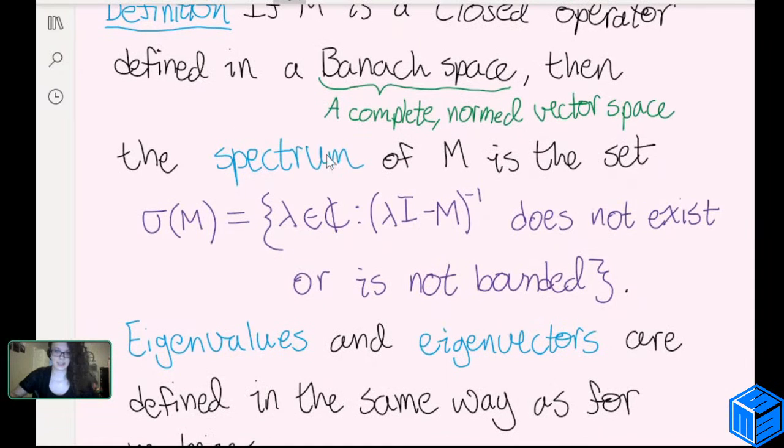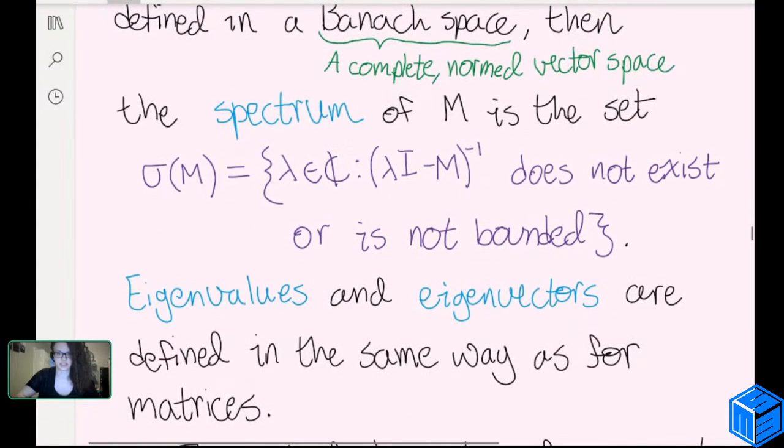So it is a generalization of the notion of eigenvalues. However, we'll note that eigenvalues and eigenvectors are defined in the same way as for matrices. So if Mv equals lambda v, then lambda is an eigenvalue and v is an eigenvector.